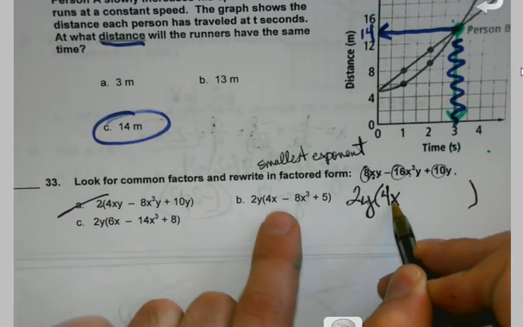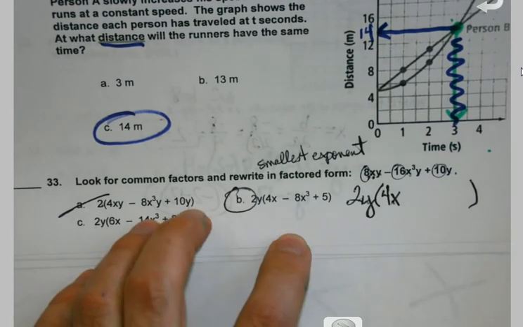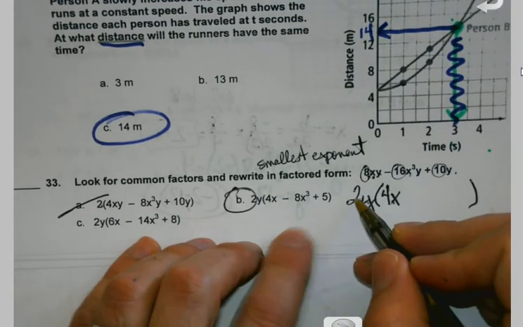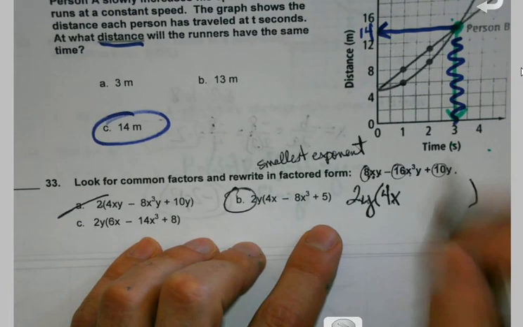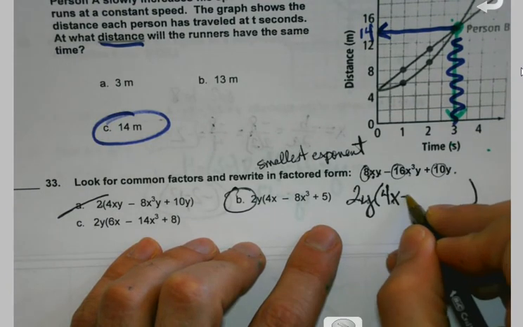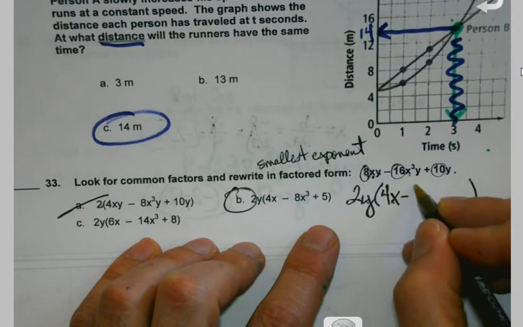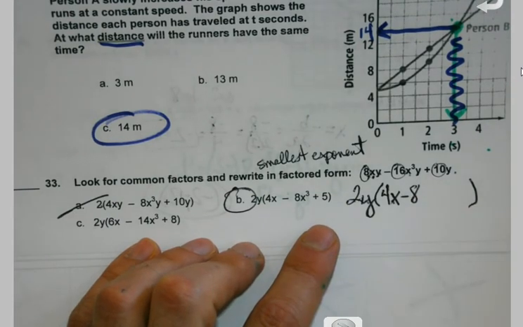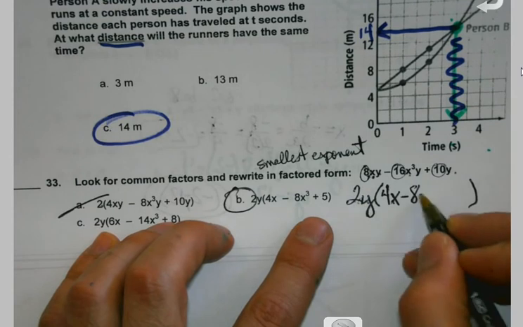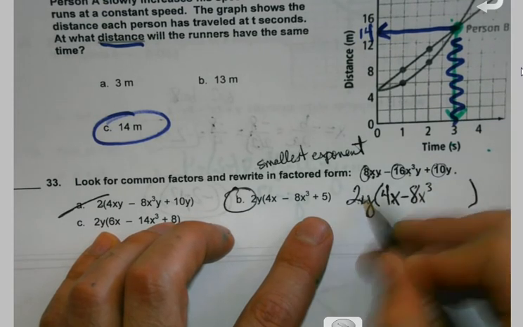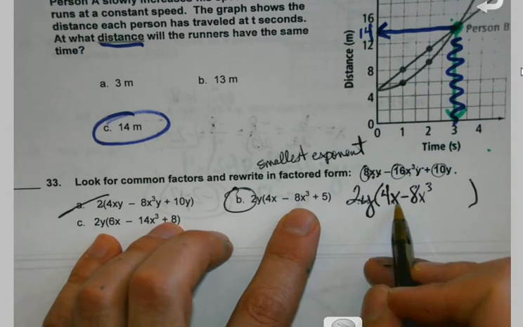Now I'm looking, and I'm pretty sure that it's b, but I'm going to do the next one just to be sure in case I mess this first one up. 2 times what gets me to 16? Right, 8. So then I'm like, okay, no x's, so I need x to the 3rd. And I have my y's already. Okay, so that's good. Now I'm almost positive it's going to be b.